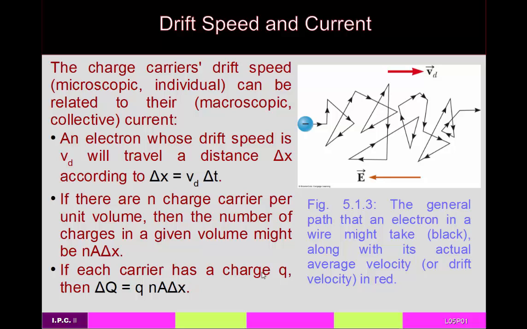And if each of these charge carriers has a charge little q, maybe about 1.602 times 10 to the minus 19 as per an electron, then the total charge that passes through a volume is going to be little q times the number of charges, which is q n A delta x.